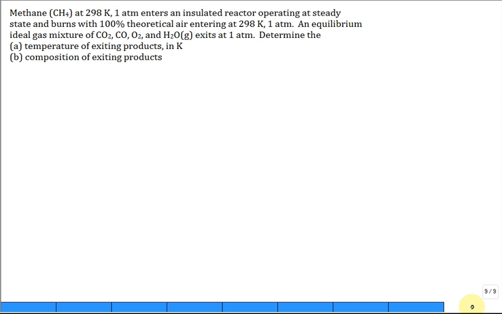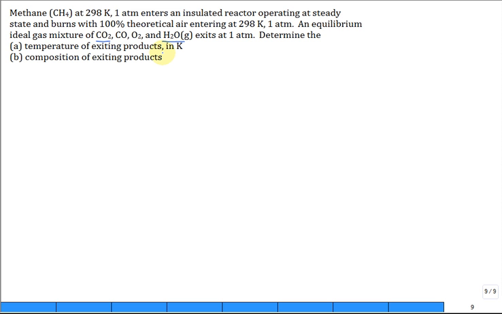And this is the last slide for the day, except I'm going to also do it in Excel. So it'll be a while solving this problem. So we have methane at standard temperature and pressure entering an insulated reactor operating at steady state and burning with 100% theoretical air at the standard temperature and pressure. An equilibrium ideal gas mixture of not just CO2 and H2O and nitrogen.